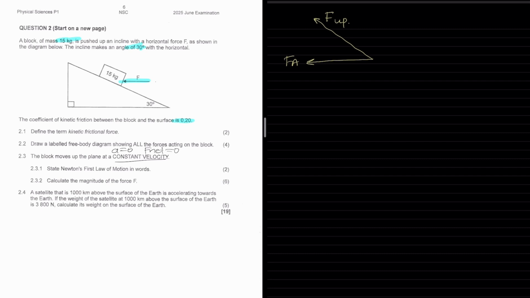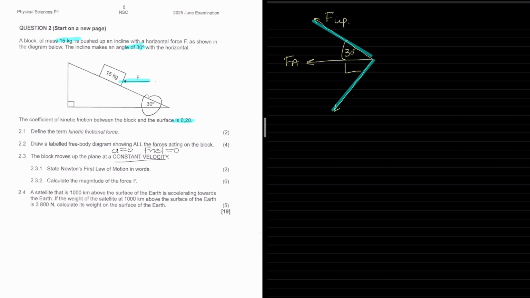And it's going to be 30 degrees since the angle given here is 30 degrees. And then that means there's also going to be a force this way. Now, let's assume we don't know this angle and we don't know what this force is going to be. But these two forces, this one here and this one here, will give a resultant of Fa.